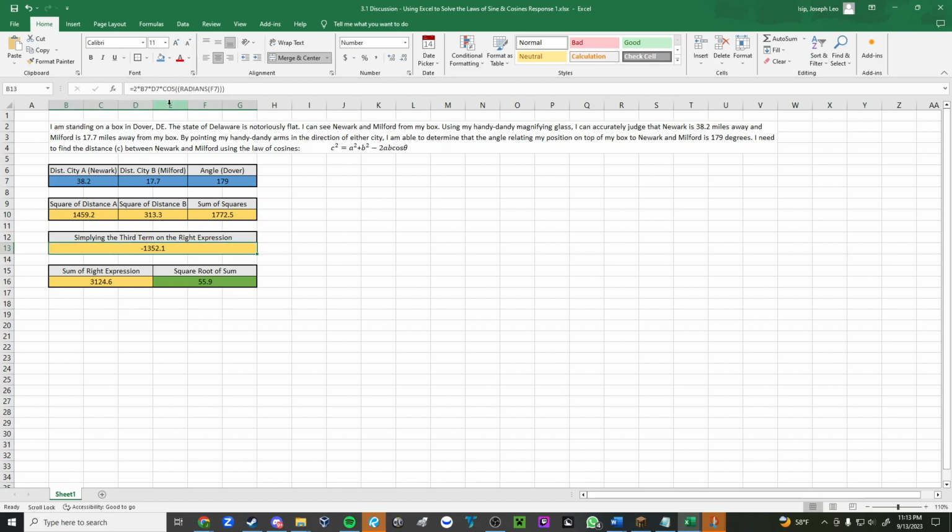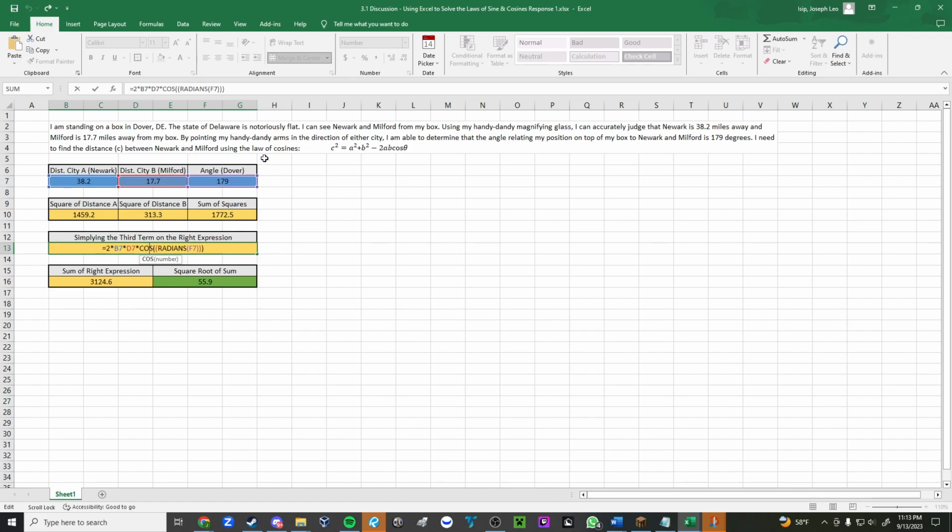Alright, and this is the most complicated part of the application. So we are going to multiply 2 by B7, which is that right there. Okay, so when I click on it, you can see: 2 times B7 times D7, and then I'm going to find the cosine of whatever angle that is.